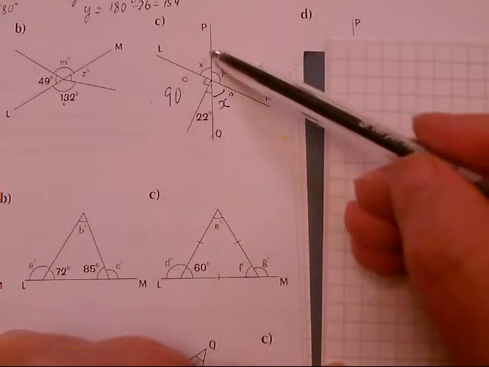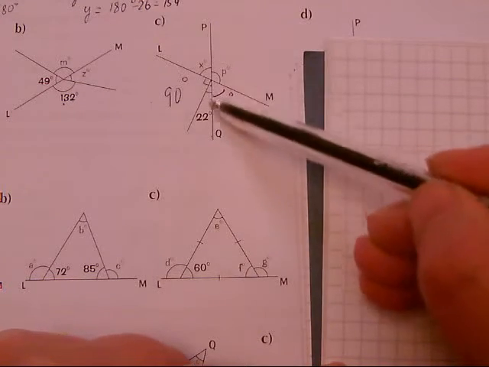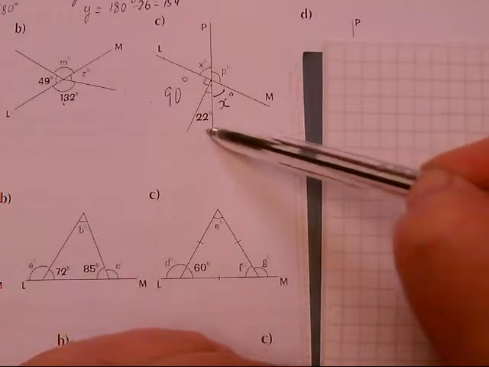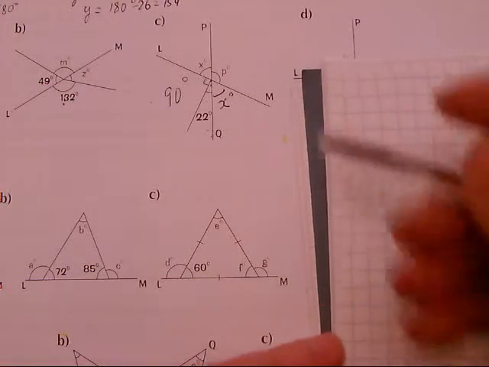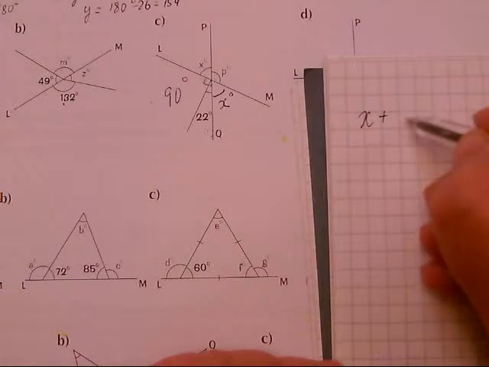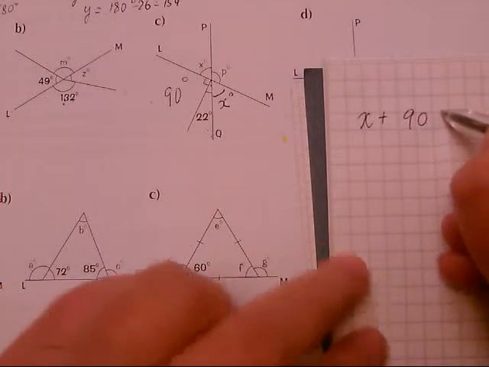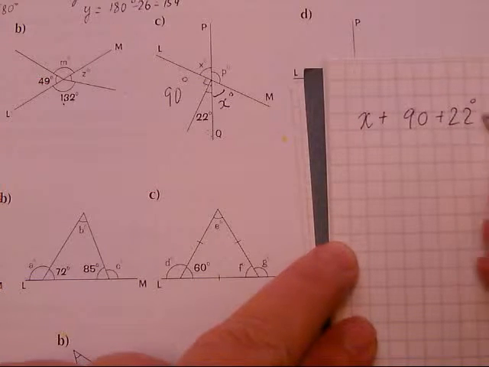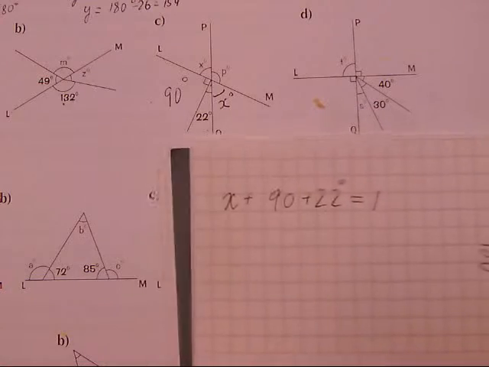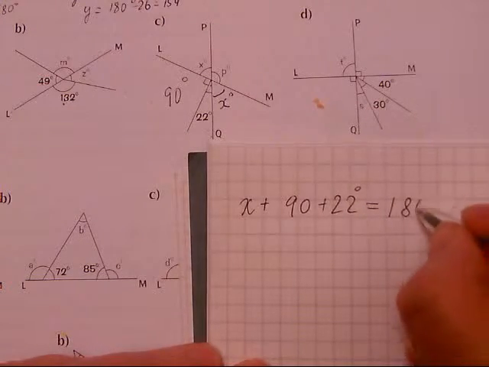Perhaps we can find angle X, because PQ is a straight line, so X, 90 and 22 degrees add up to 180, so that will help. Alright, so let's start. X plus 90 degrees plus 22 degrees is equal to 180 degrees.